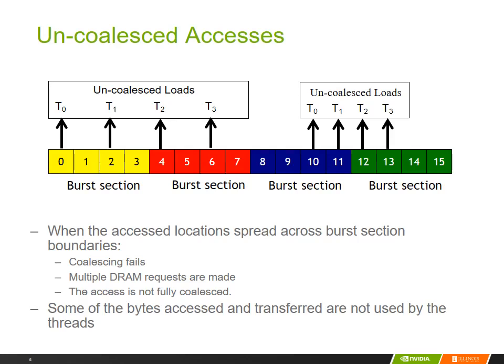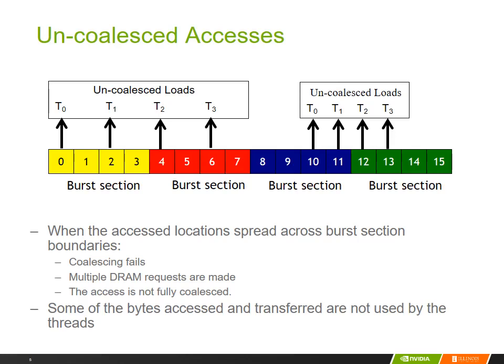In this case, the access locations by this warp spread across 2 burst sections. Even though the accessed bytes are 0, 2, 4, and 6, bytes 1, 3, 5, 7 will also be accessed and transmitted from the DRAM system to the processor. Therefore, we are wasting half of the DRAM bandwidth by accessing and transmitting bytes that are not utilized.